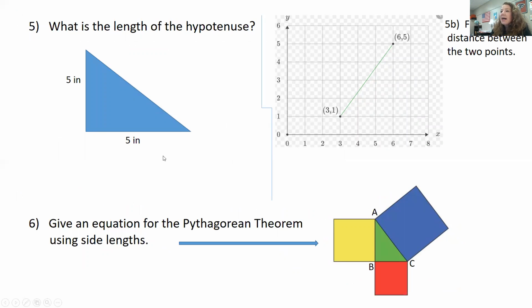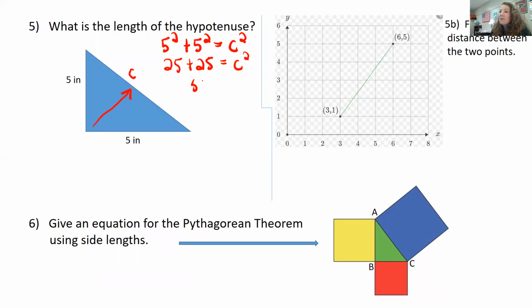All right, number 5, we do have the 2 legs and we are missing the hypotenuse, right? So that would be c. So we are going to square both legs to find our hypotenuse. So this would be 25 plus 25 is equal to c squared.